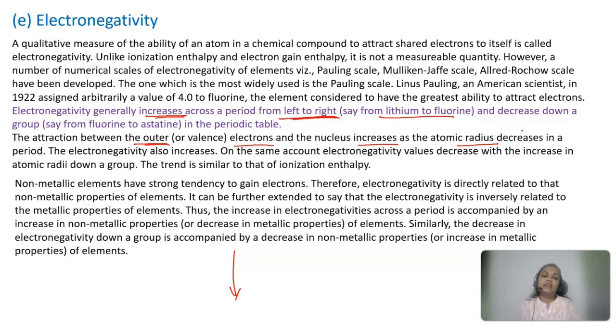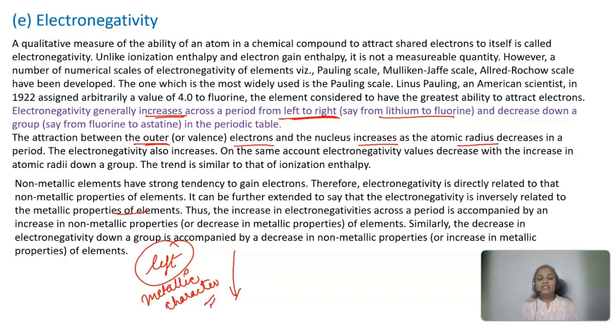So this trend we can use to tell the non-metallic and metallic behavior. Non-metallic elements have a strong tendency to gain electrons. So electronegativity is directly related to non-metallic properties and inversely related to metallic properties. On the left-hand side of the periodic table, the electronegativity is less, so the metallic character of the atom would be more.